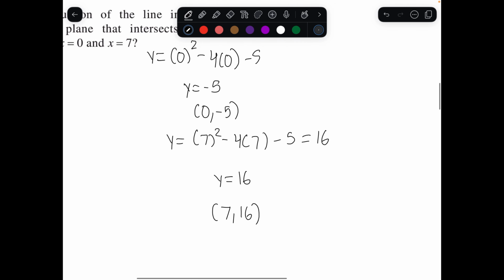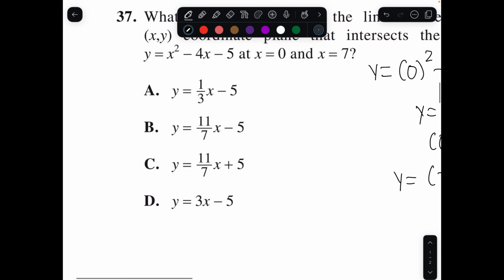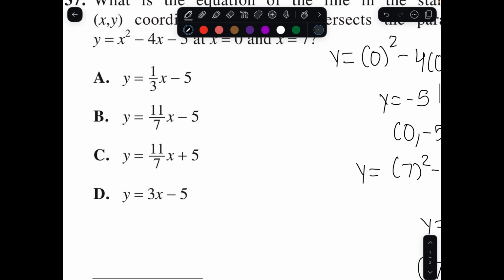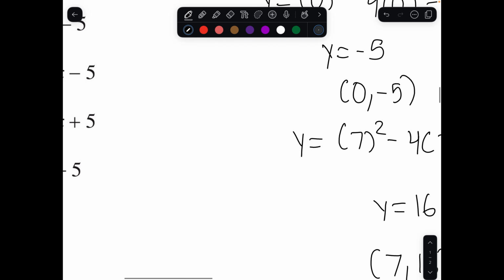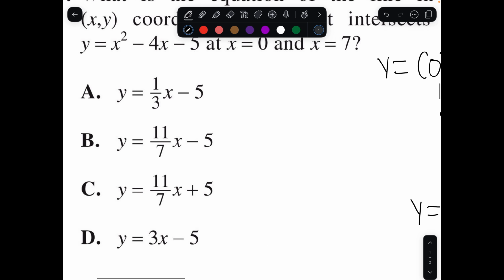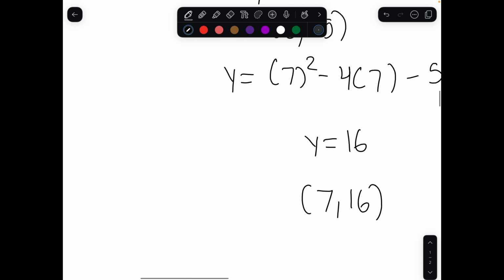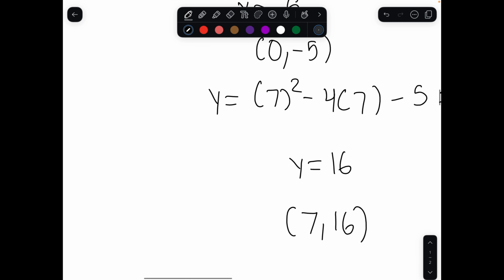And what this question is basically asking is, out of these answer choices, which of these lines has these 2 points, right? To figure that out, we can plug in 0 into all 4 of these and see which one gives us -5. And we can plug in 7 into all of these and see which one gives us 16.